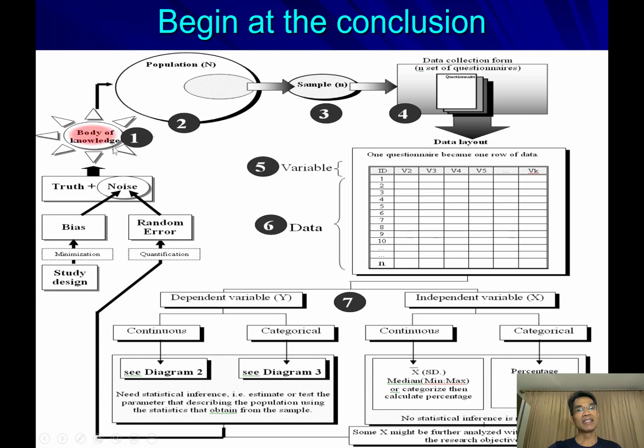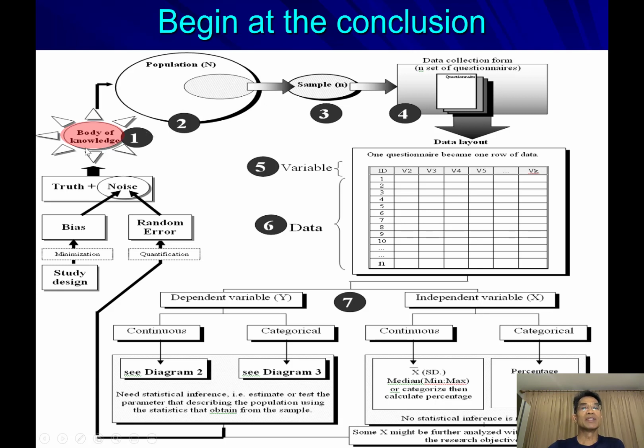And this is the main thing that I call begin at the conclusions. That means the body of knowledge that will apply to the populations in general.